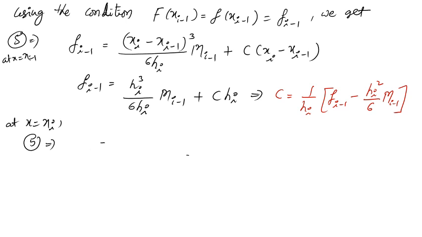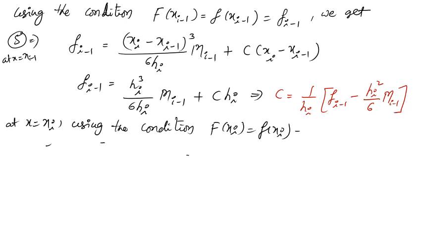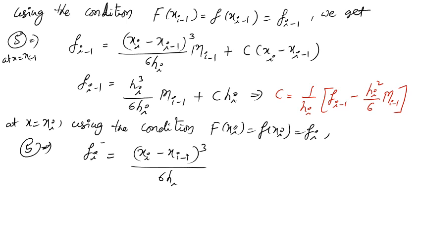Let us write, at x equal to xi, using the condition capital F of xi equal to small f of xi, the interpolatory condition. This is fi. Equation 5 becomes fi equal to xi minus xi minus 1 whole cube by 6 hi mi.